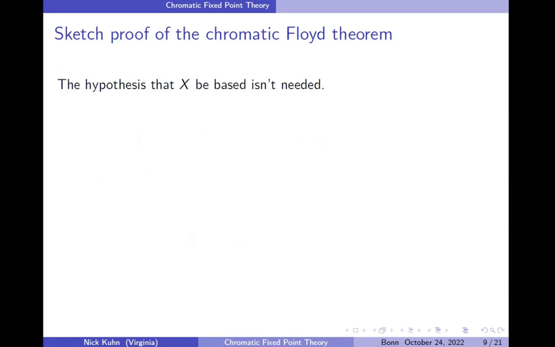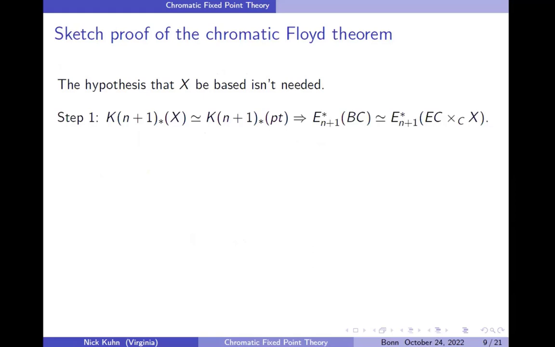Suppose you're assuming your space is acyclic in your theory, so you can put that in the EC cross C X slot, and you can deduce that a map to a point is an isomorphism.